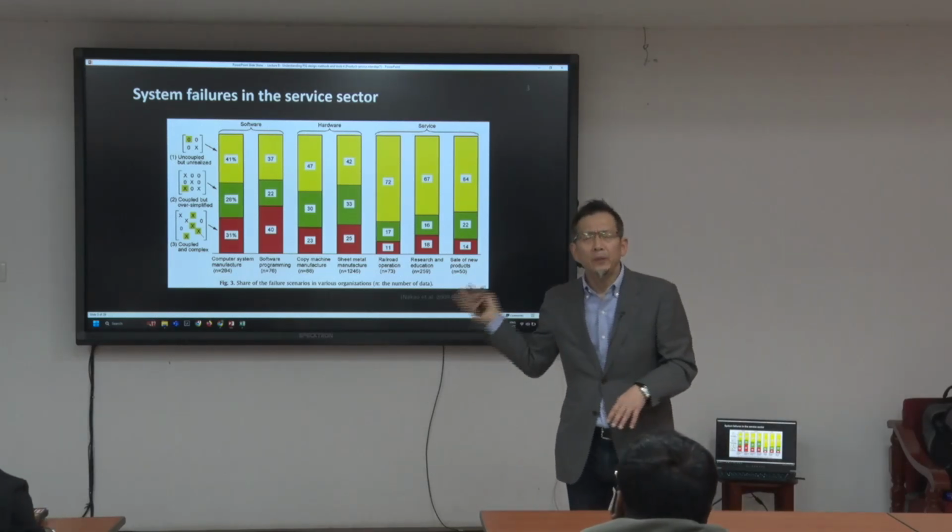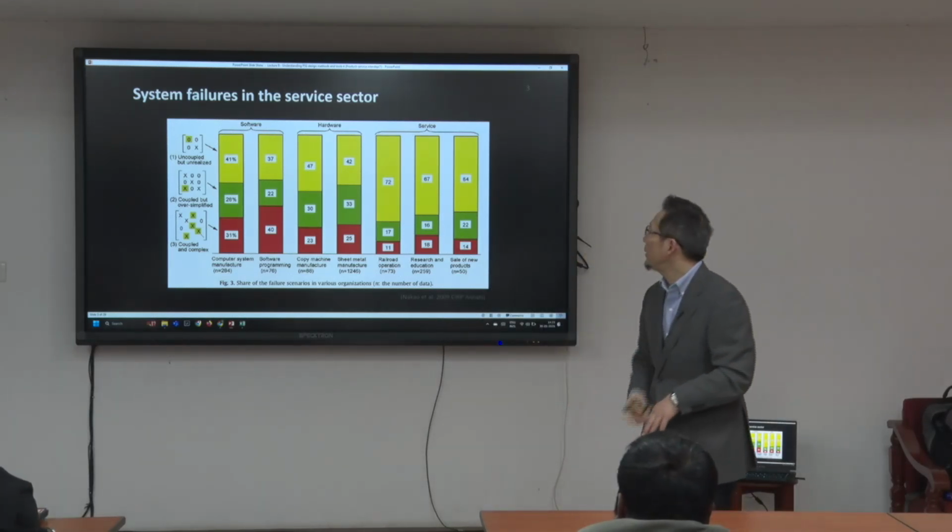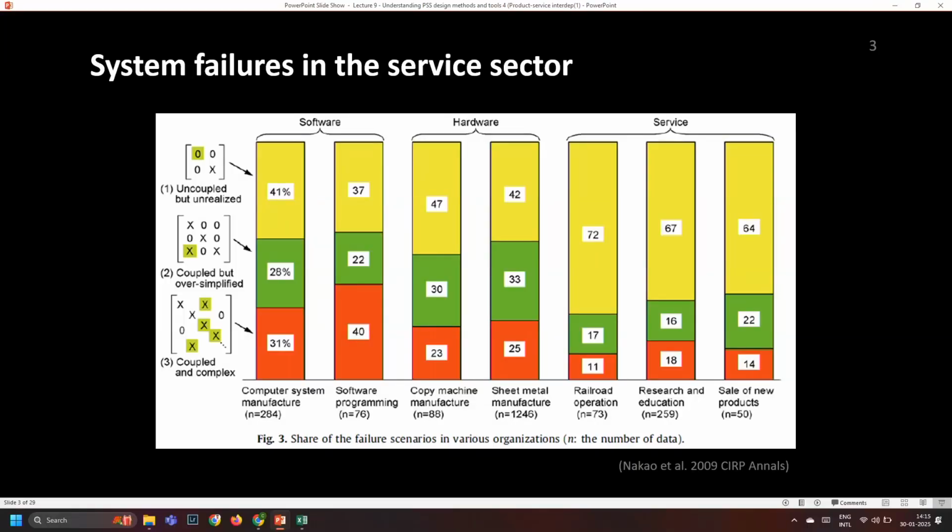This particular paper, 2009 by Nakao et al., used a design methodology by Nam Suh, axiomatic design. But let's leave out the complexity of the method.